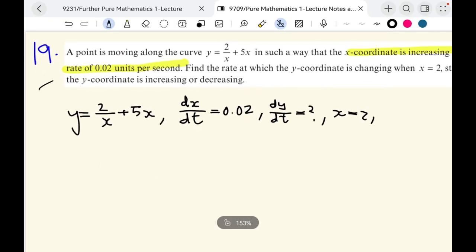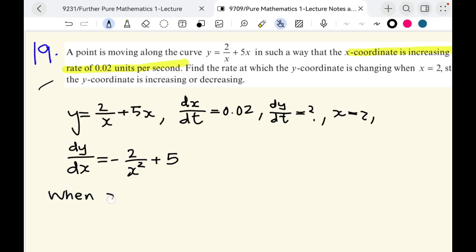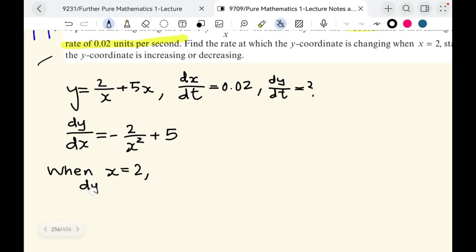So first thing first, differentiate the curve equation, which you will get negative 2 over x squared plus 5. And then when x equals 2, what is your numerical dy dx?